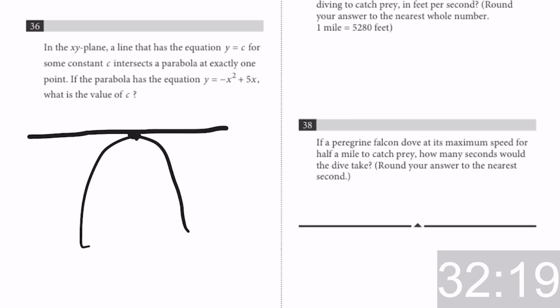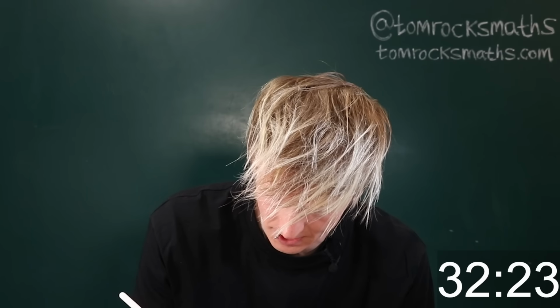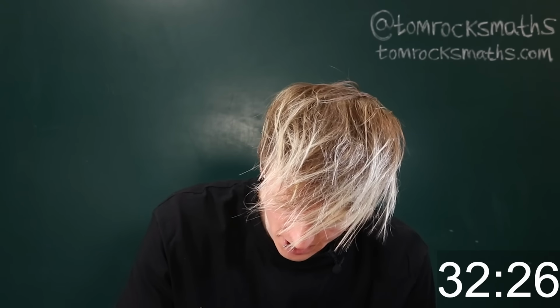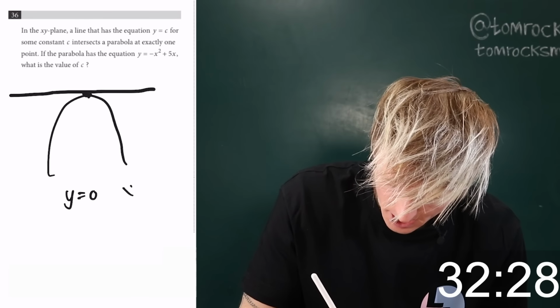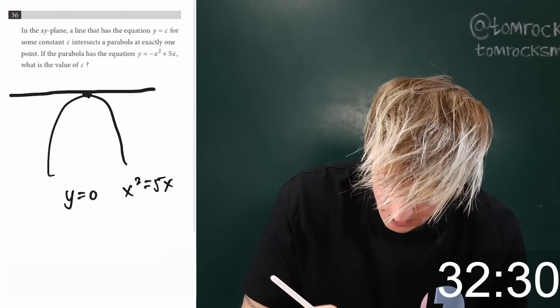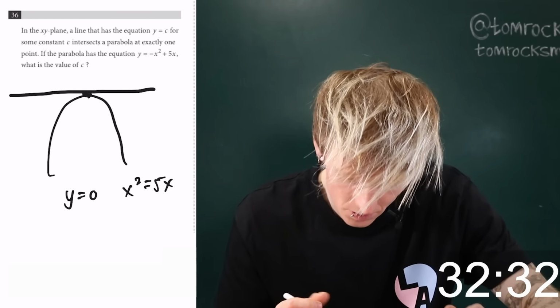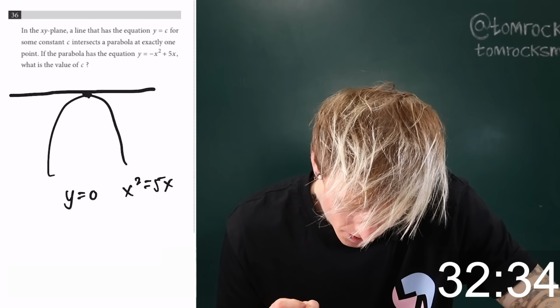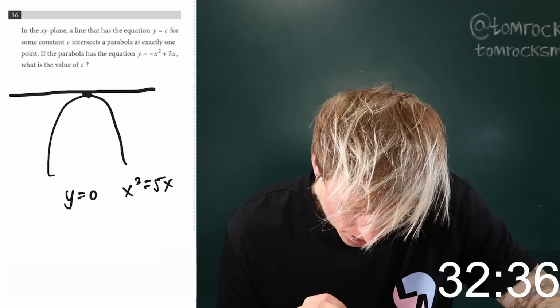So at that point, that is 0, 0, is it not? Let's think about this. If y equals 0, that would mean x squared equals 5x, which would mean, oh no, because if x is 0, then y is 0.